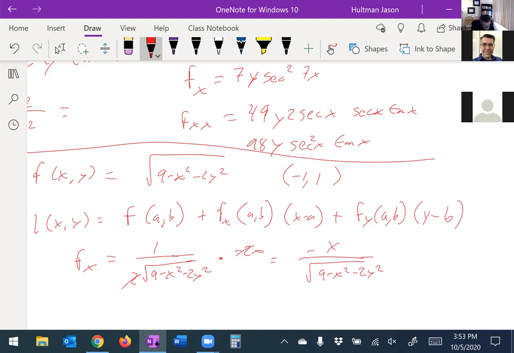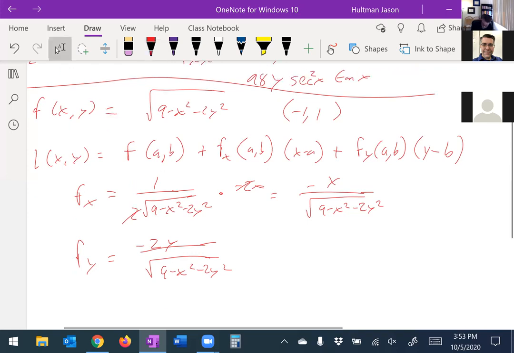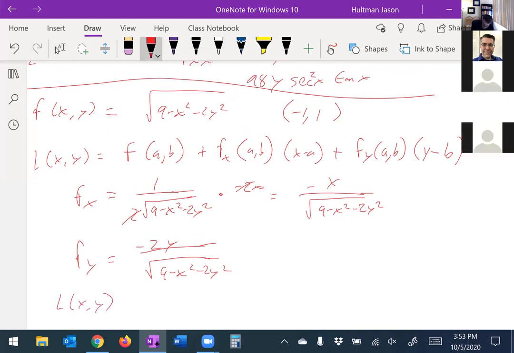Okay, what about f sub y? Very similar, except we're going to end up with a -4 on top and a 2 on the bottom. So this is going to be -2y over the square root of 9 minus x squared minus 2y squared. That's f sub y.